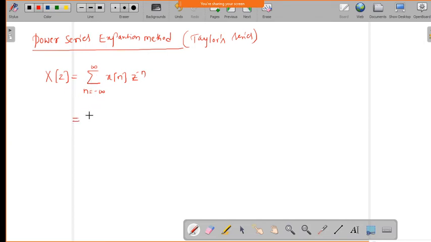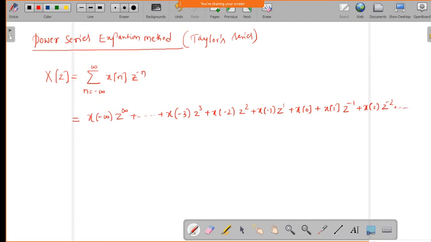Now if we expand this in terms of z power, what you will get is x(minus infinity) into z power plus infinity, and so on, plus x(minus 3) into z power 3, plus x(minus 2) into z power 2, plus x(minus 1) into z power 1, plus x(0), plus x(1) into z power minus 1, plus x(2) into z power minus 2, and we'll go on like this.